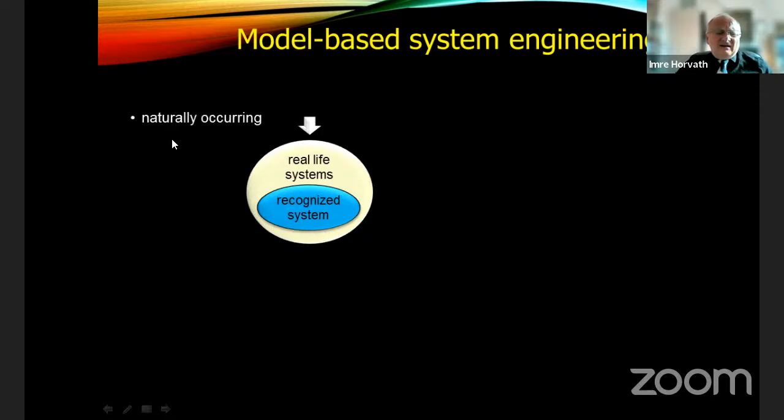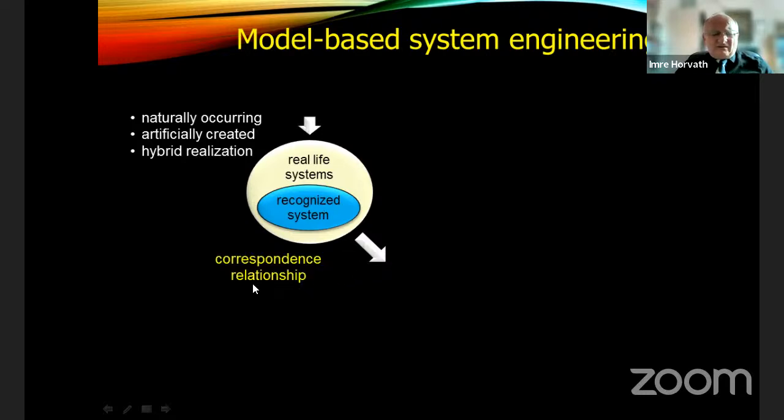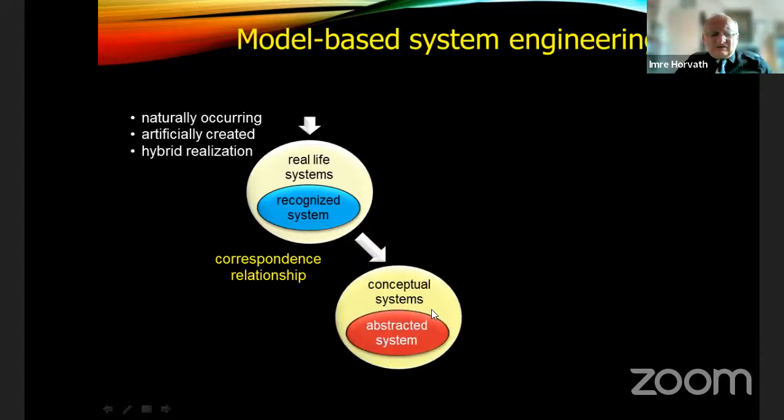What is of interest is that the real-life systems are naturally occurring, artificially created representations can never be imagined, and typically a kind of hybrid realization, which means that the natural and the human production capabilities are taken into consideration.